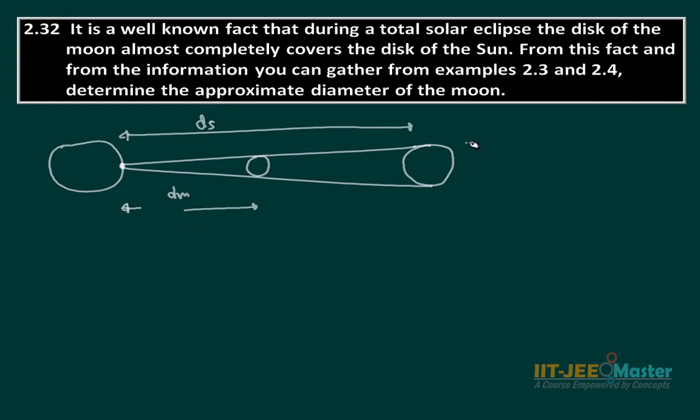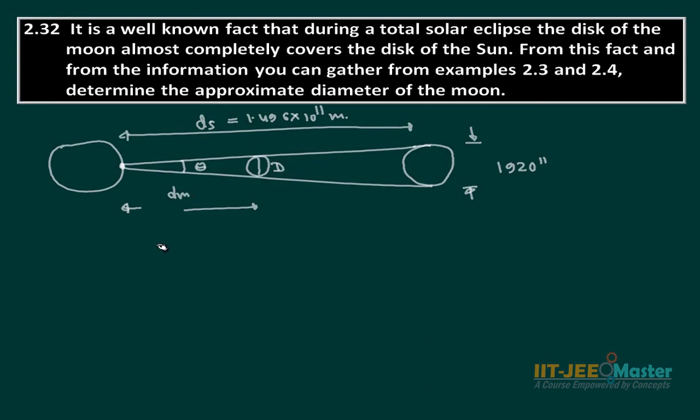Example 2.4 gives us the information that the angle theta subtended by the sun on the earth is 1920 seconds, while this distance is also given, that is equal to 1.496 into 10 to the power 11 meter, and let the diameter of the moon be d.